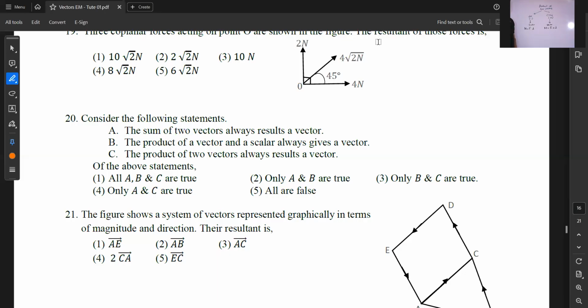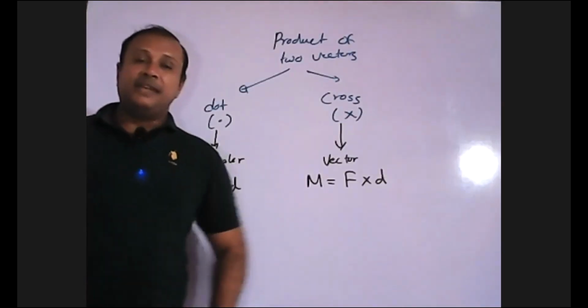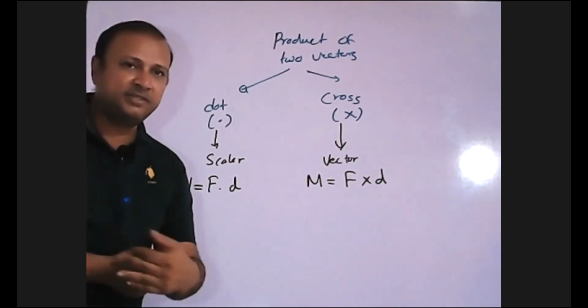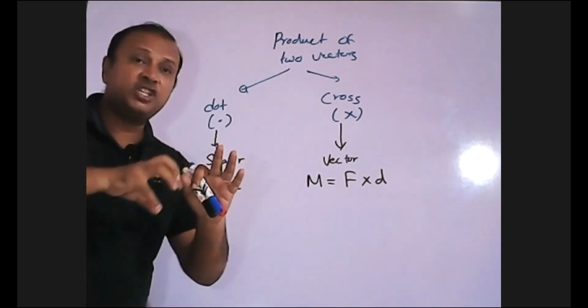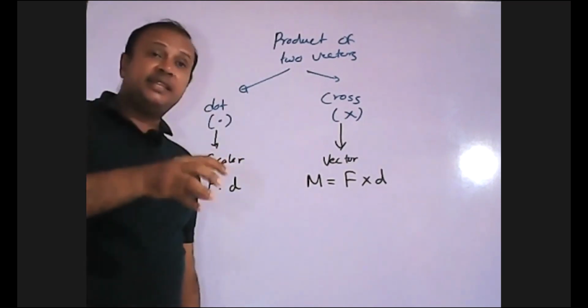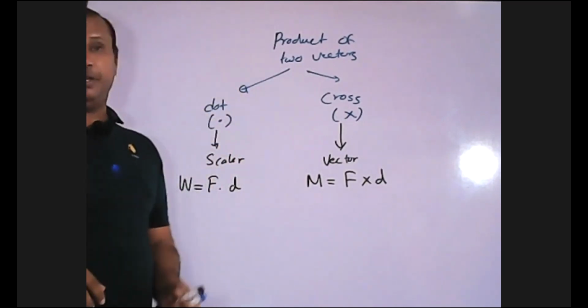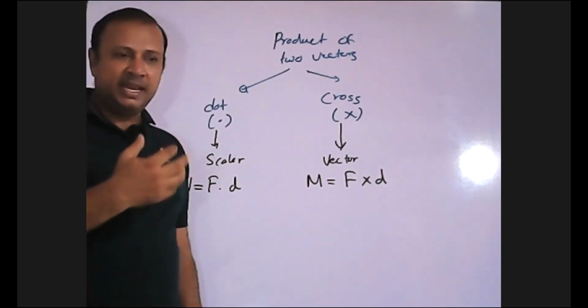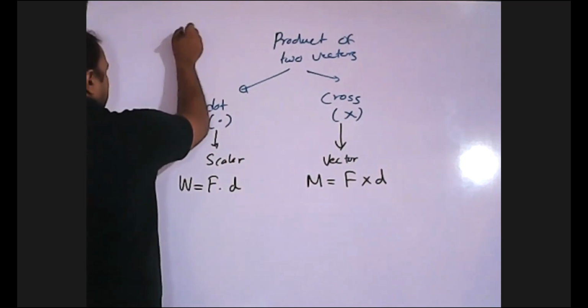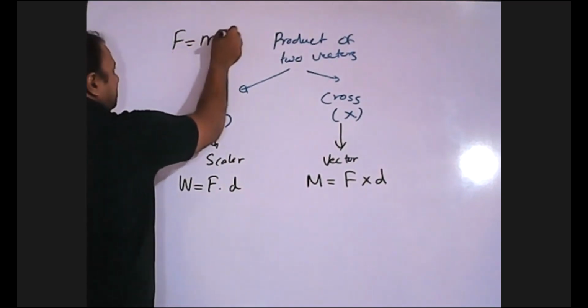Now, there's another type of product. What is that one? Multiplication of a vector with another scalar physical quantity, not just a scalar. F equals ma.